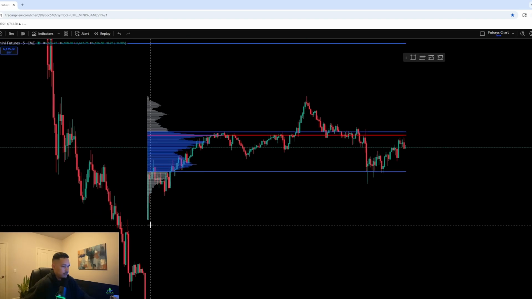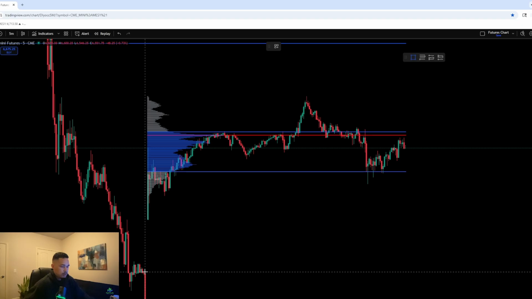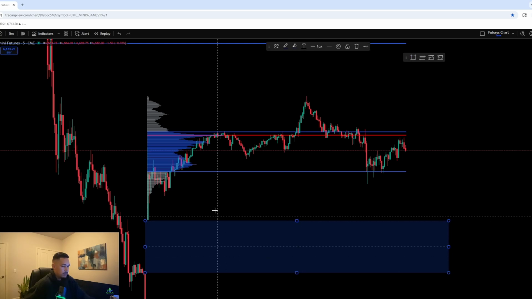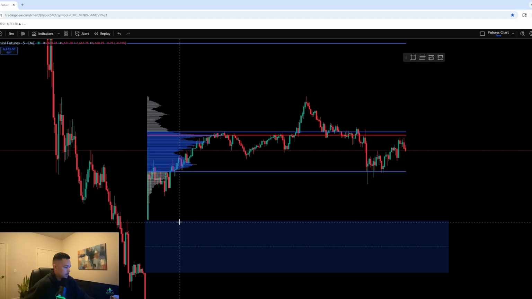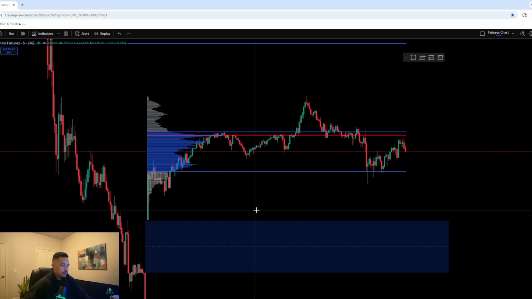And then on the 5-minute chart, we do have a big gap. Let me mark this out. So we have a pretty significant gap from the 6630 all the way down to 6600.